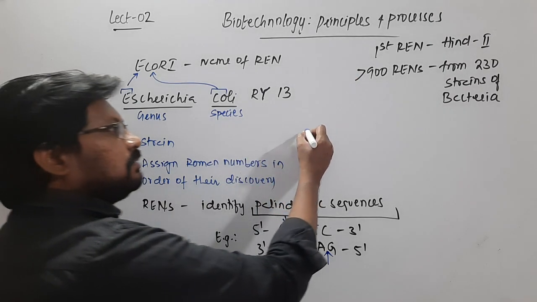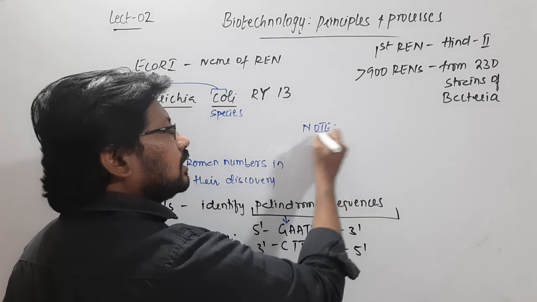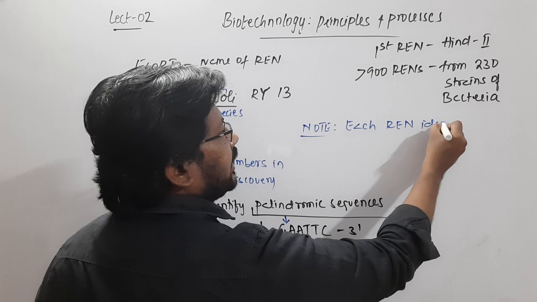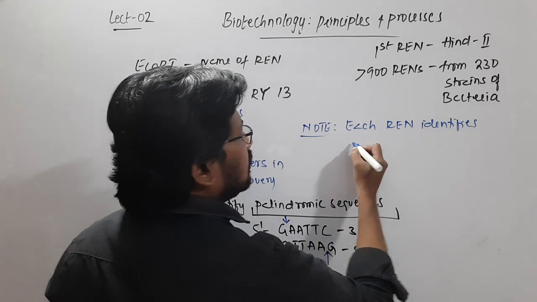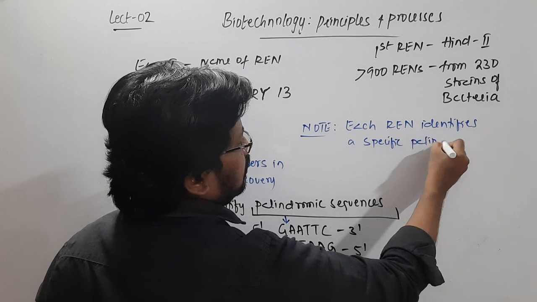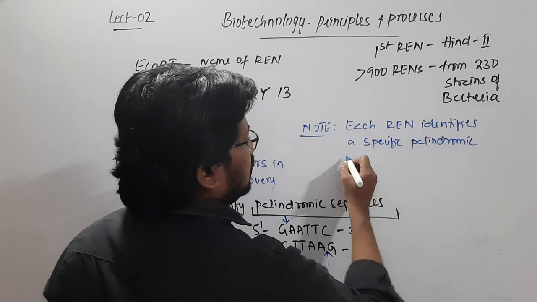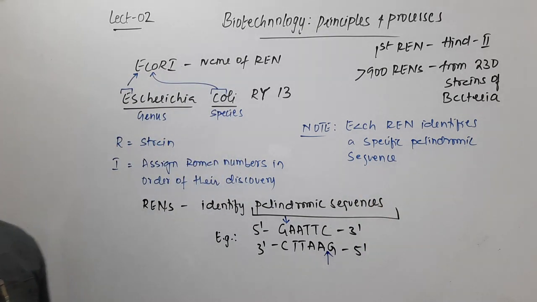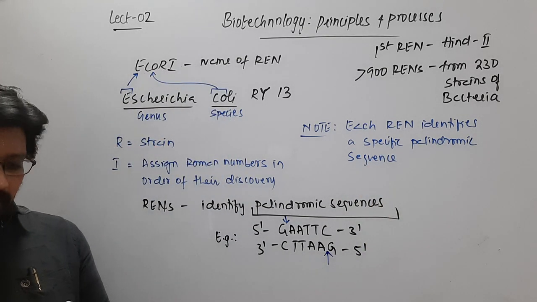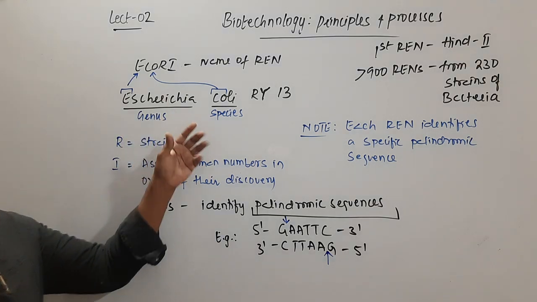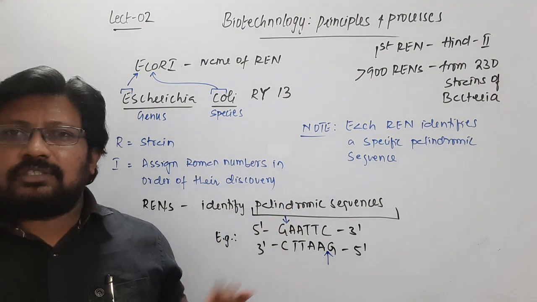You have to keep in mind here that each enzyme identifies a specific palindromic sequence. It's not like EcoRI can identify another palindromic sequence, not at all.